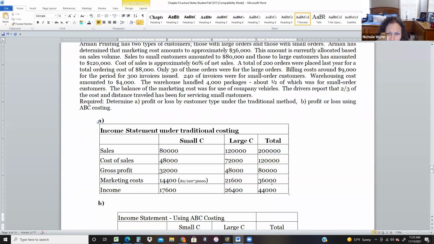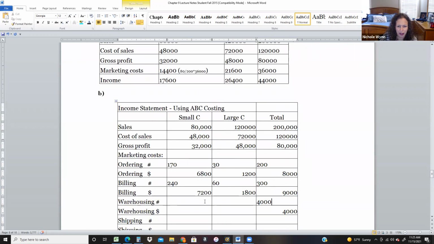Okay. So the warehouse cost is 4,000 and it's 4,000 packages, and half of them are for small and half of them are for large. So it's 2,000 and 2,000. It's just split half and half. So it's $1 an order, half and half.